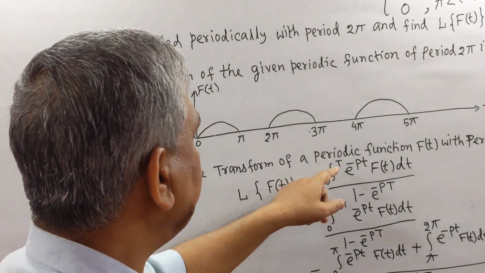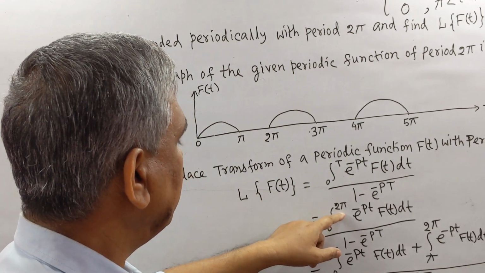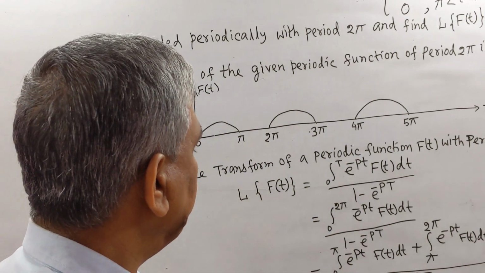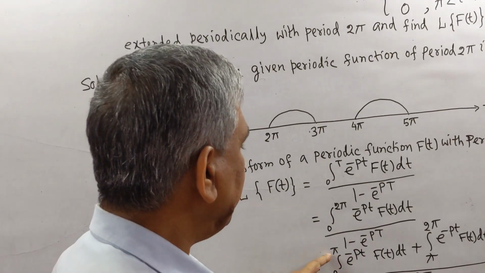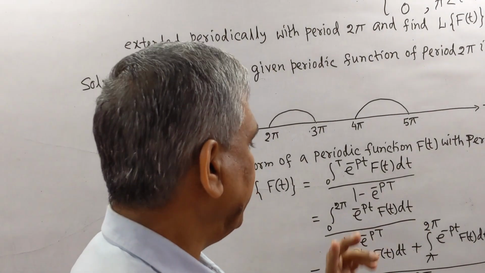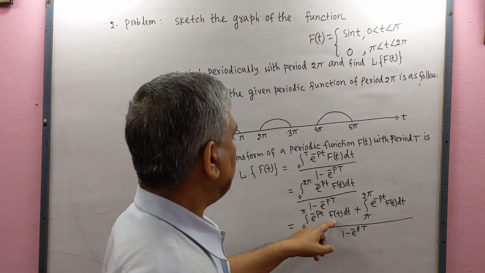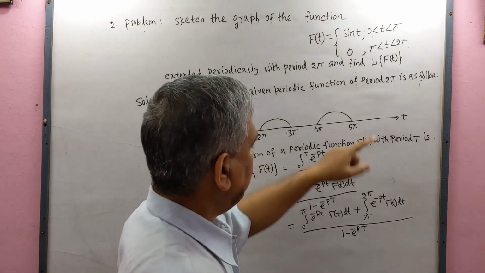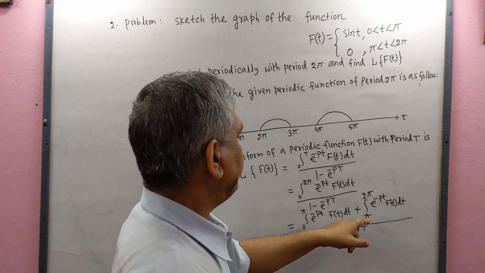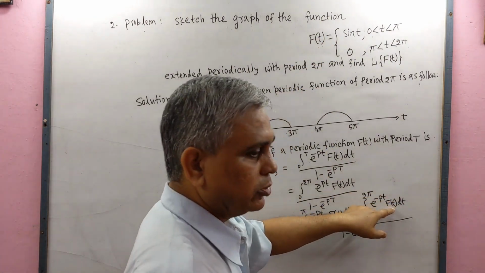Here the period is T, so in place of T we write 2 pi. Now we divide this integral in two parts, 0 to pi and pi to 2 pi. From 0 to pi, the value of the function f(t) equal to sin t, and from pi to 2 pi, the value of the function f(t) equal to 0.